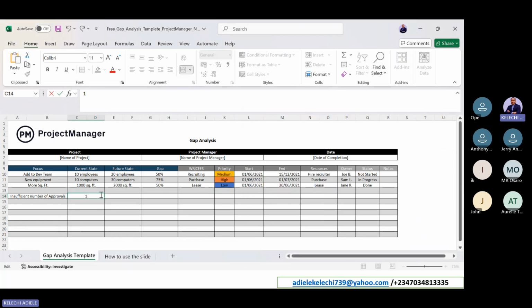So for different gaps, for the senior accountant, in the future state you need at least 3 approvers, and those should be the CFO, accounts officer and MD, depending on the value.